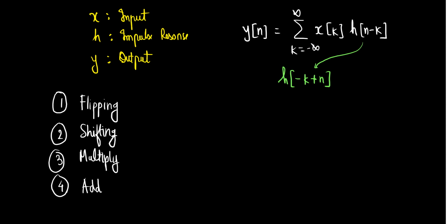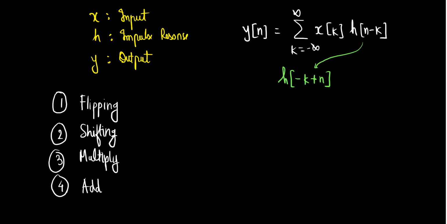Now let's take an example of this. I would like to demonstrate the convolution sum with the help of animation. Now let x and h be 2 different signals.